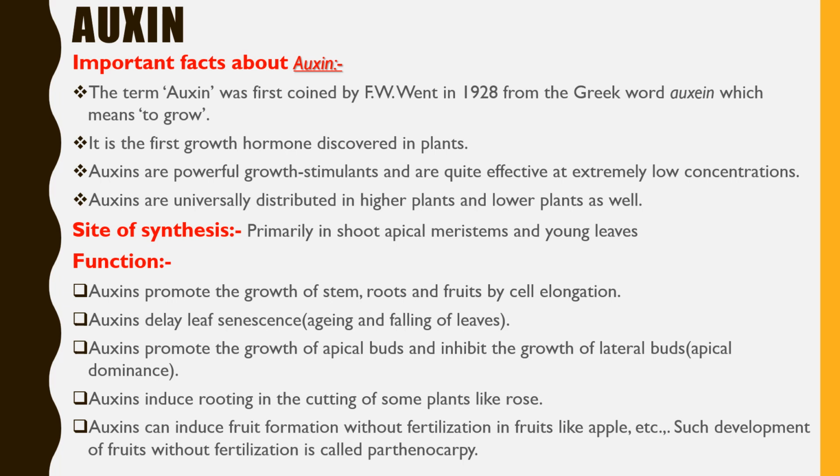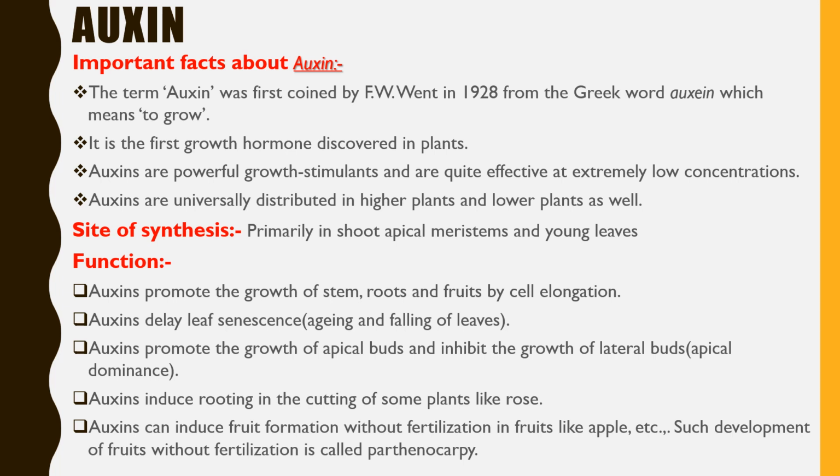Auxins are powerful growth stimulants and are quite effective at extremely low concentration. Even a very small amount of auxin can stimulate good plant growth. Auxins are universally distributed in higher plants and lower plants as well. It is seen in all the plants.